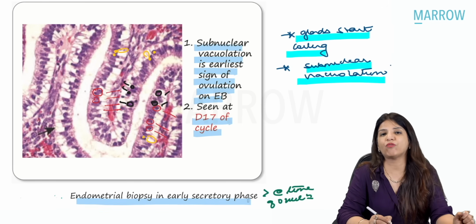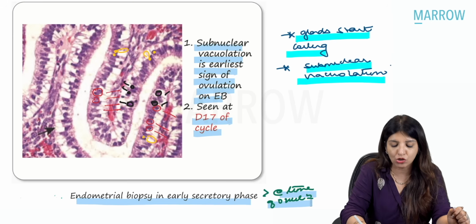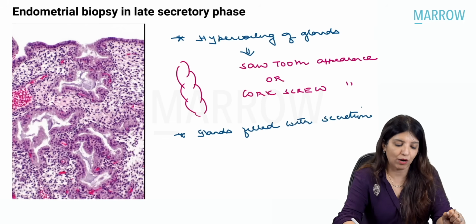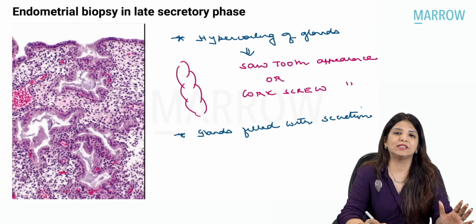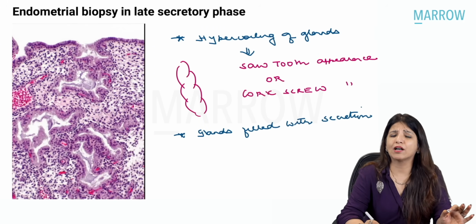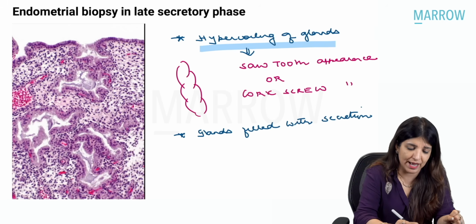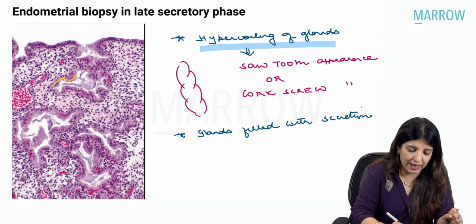If early secretory phase is not given in the options, then you are going to say at the time of ovulation. Now, as we move towards late secretory phase, the glands are going to become hypercoiled. As you can see over here, the glands have become hypercoiled, right?